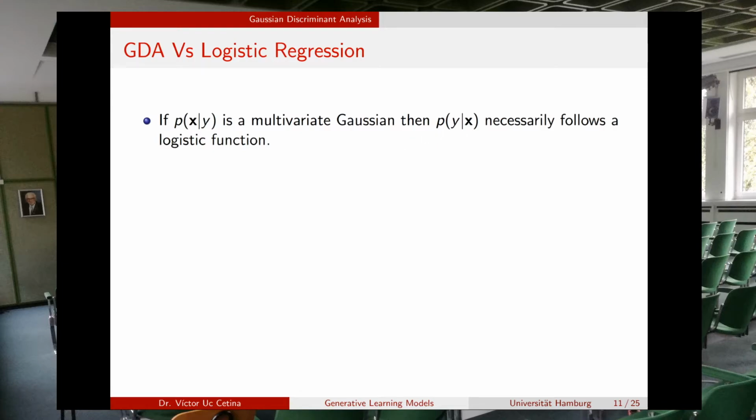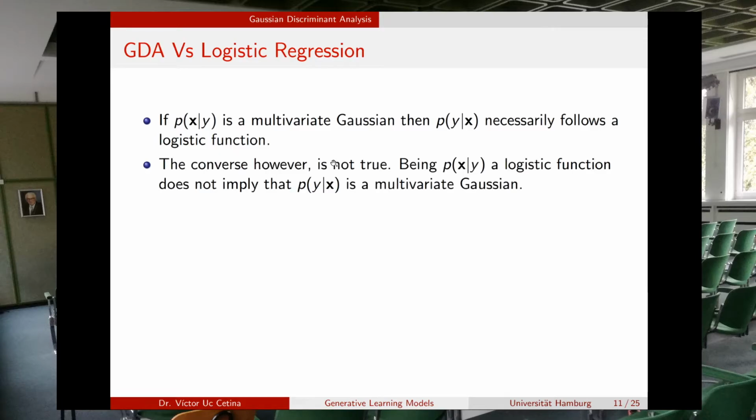So if our data behaves as a normal distribution, or can be explained using a normal distribution, and we compute this Gaussian discriminant analysis, then inherently we are solving a logistic function.